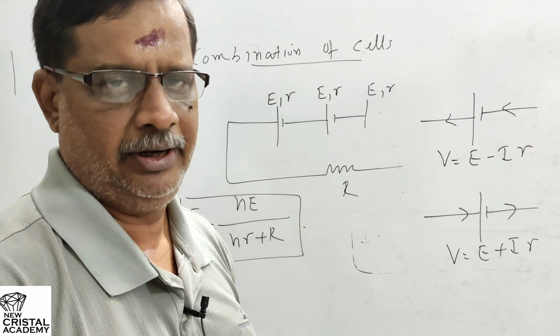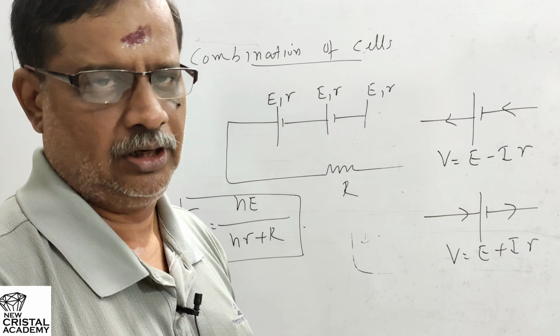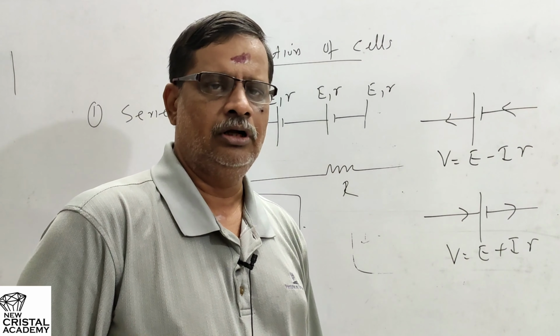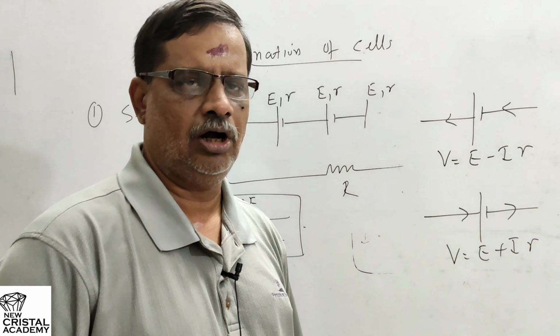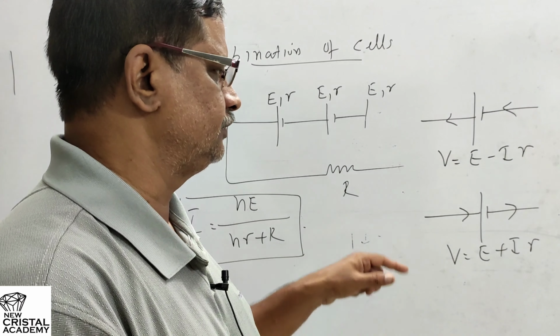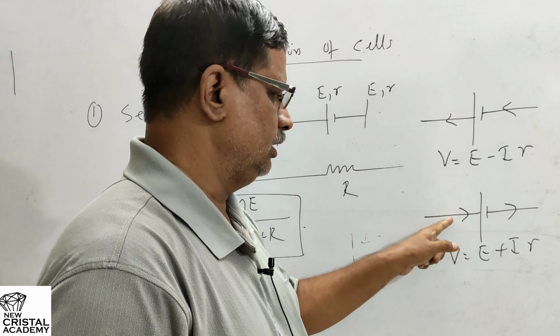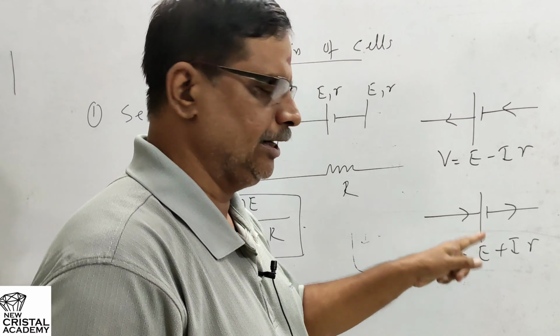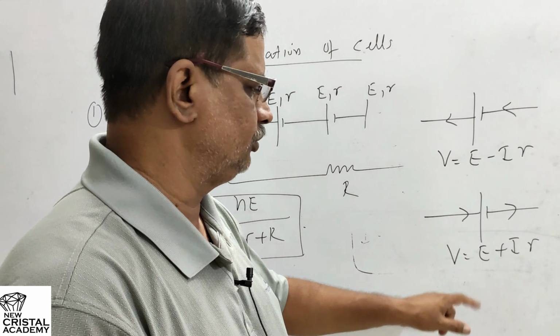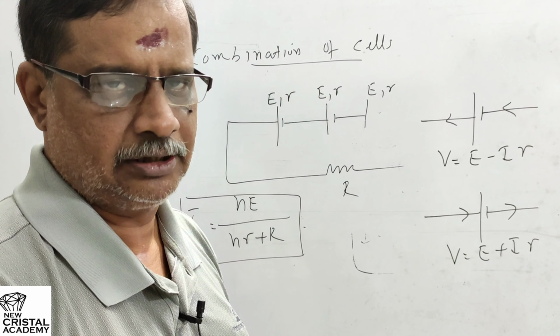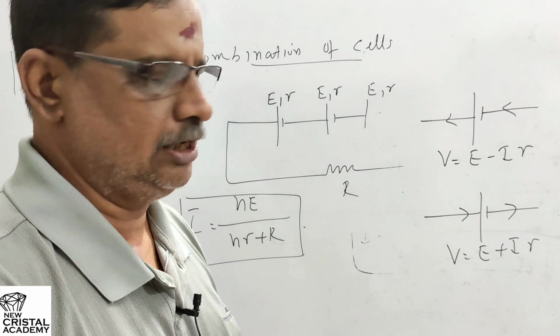But you know that there are many rechargeable cells, like the one in your mobile phone, then the inverter in your house. So all these types of cells are rechargeable cells. So when a cell is being charged, the terminal PD will be greater than the EMF. This is the only situation when the terminal PD becomes greater than the EMF of the cell.